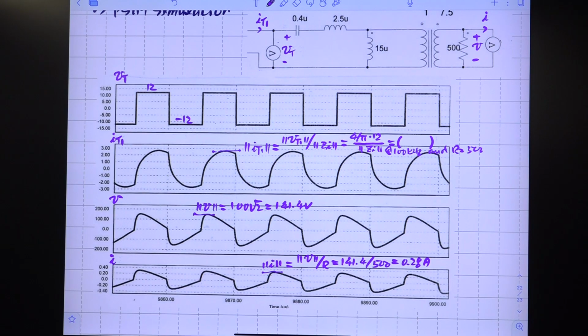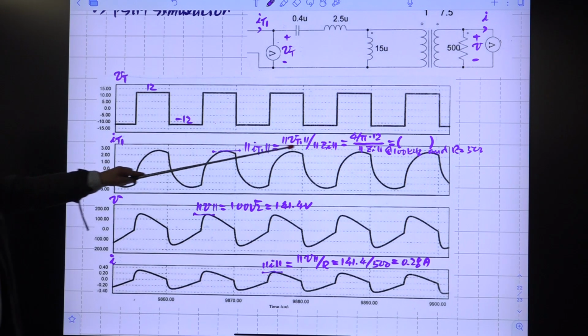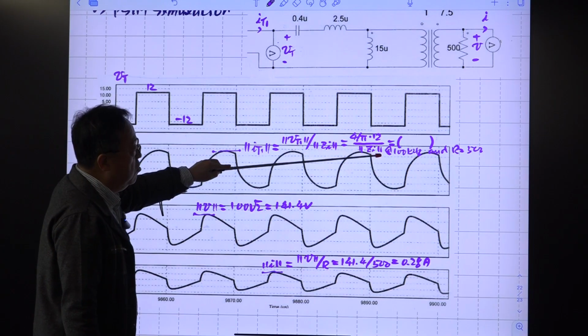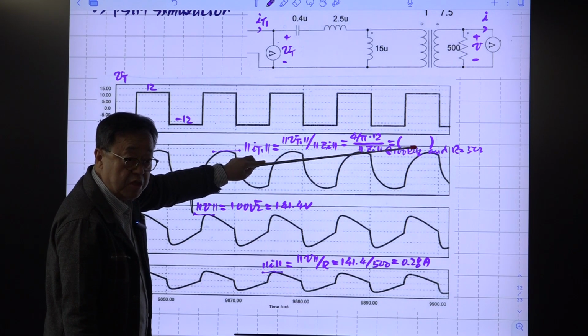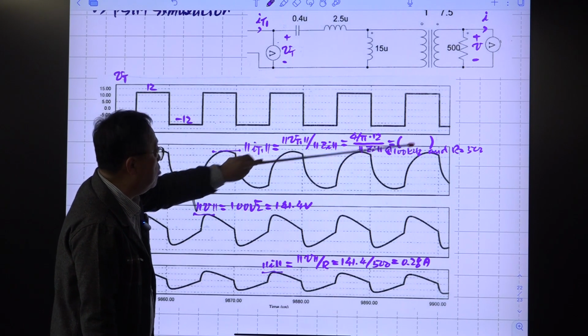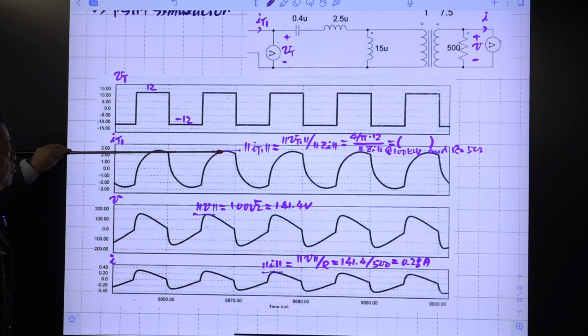Okay. Just calculate or simulate this number and put it here. Okay, you may do this and compare with this number. And this one, the top value of this, they should be very similar.